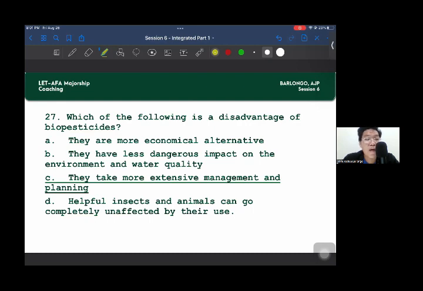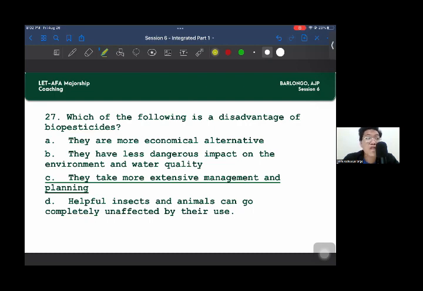So meron kaming mga cases doon na pinag-aaralan. Tapos isa sa mga cases that we studied for that law subject ay yung case ng mga banana farmers sa Mindanao.